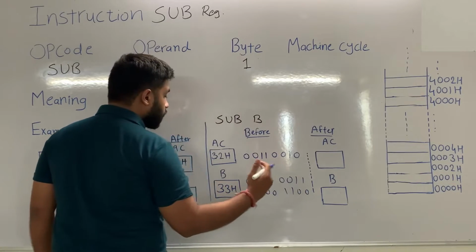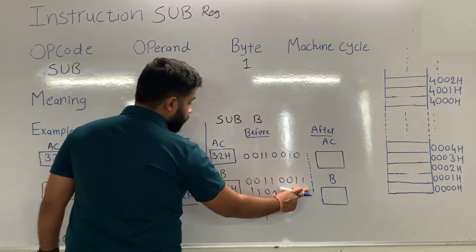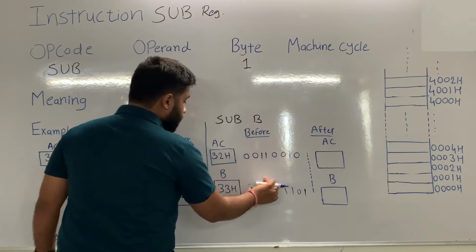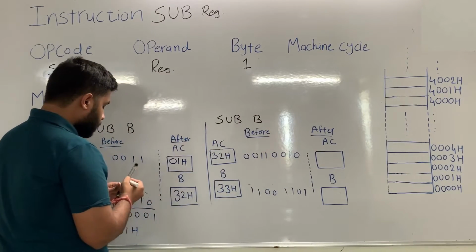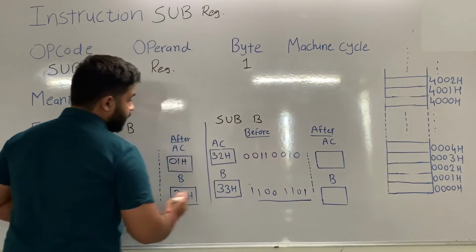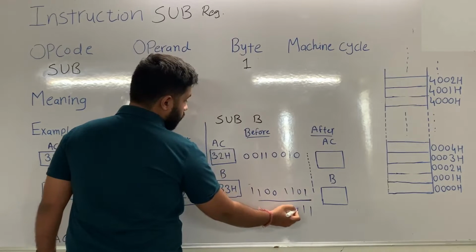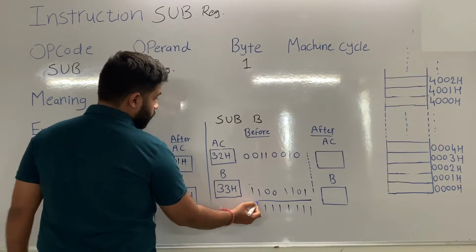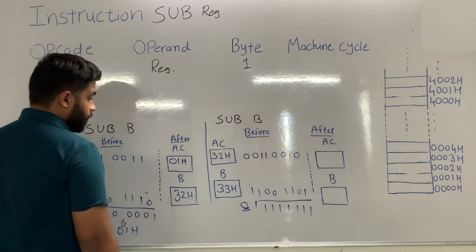And if you convert into 2's complement, you have to add 1 to the 1's complement. So if you add 1, you will get this. So the 2's complement of register B can be seen. After performing 2's complement, the microprocessor will perform the addition. Let's perform the addition: 1 1 1 1 1 1 1 1 and carry is 0.